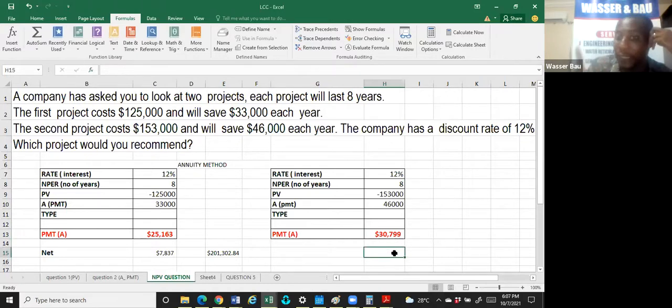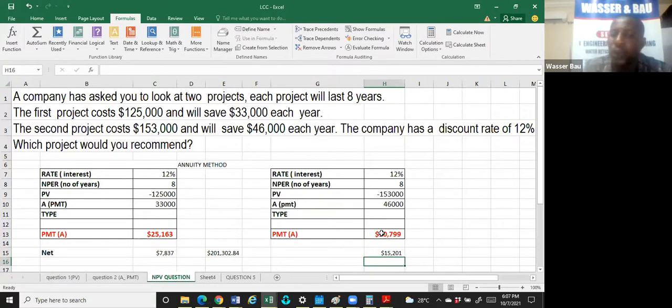For project B, I'll be paying back for this loan 30,799 every year for 8 years. But the revenue they are paying me per year is 46. Therefore, when they pay me 46 and I pay back the cost of capital, I'll be left with how much? This minus this: 15,205.